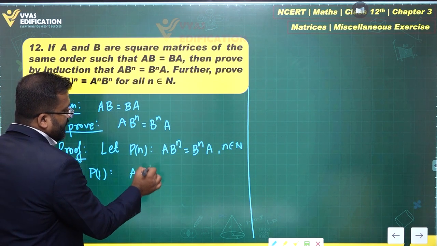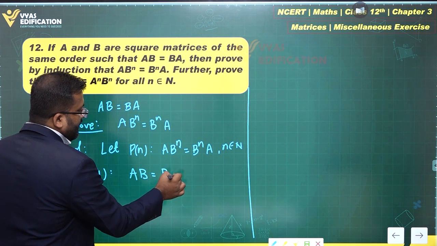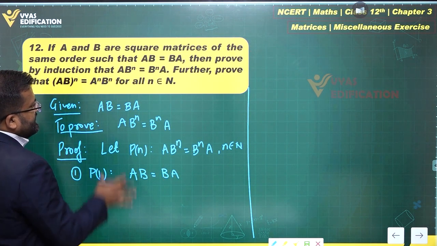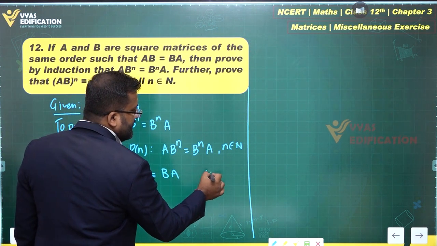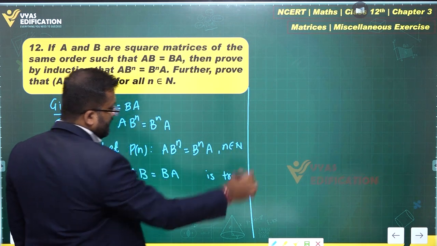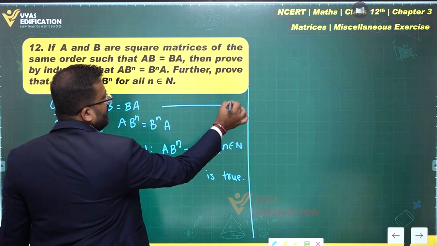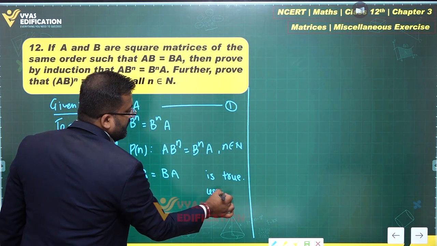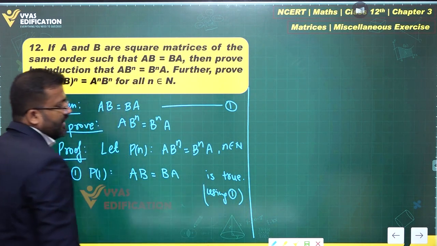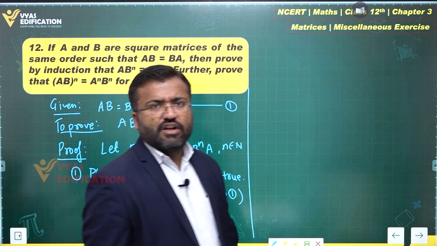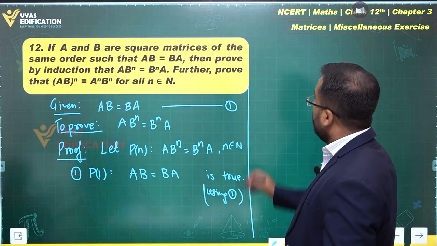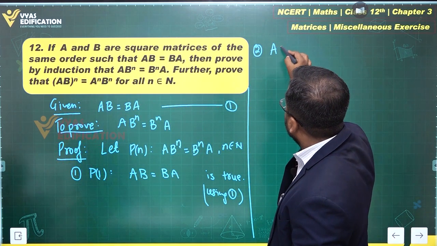(AB) power 1 is equal to A power 1 times B power 1, and since this is already given, using statement 1, this is true. That's not an issue. P1 is true.